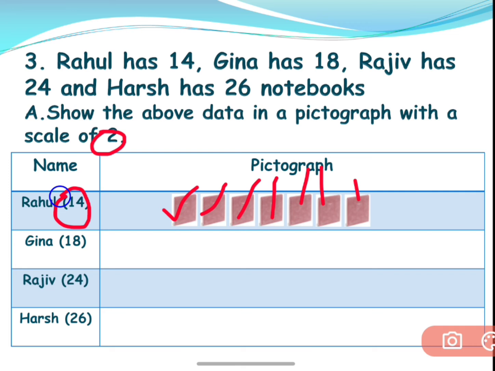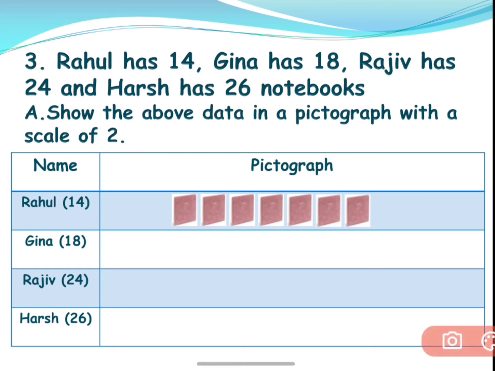If the scale is 5, whether the things are notebooks, toys, fruits, whatever it is, divide it by 5. So according to the given scale, divide the number of things by that scale, then you will get how many things you have to draw.